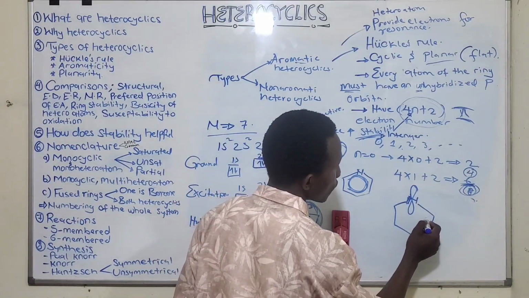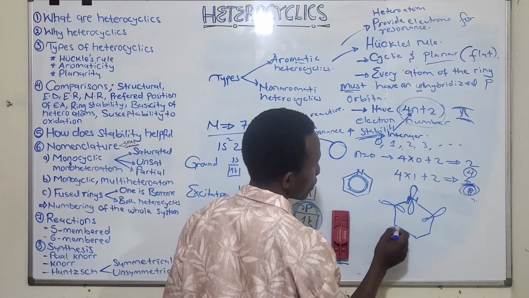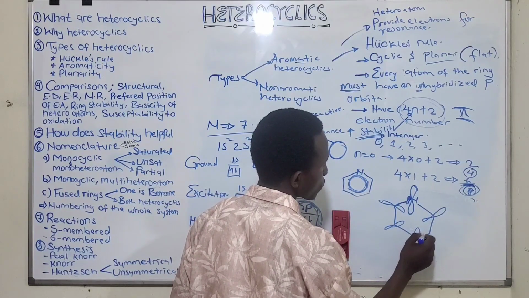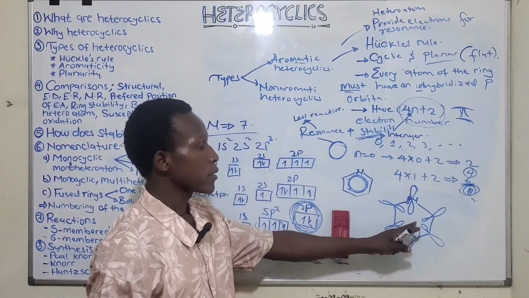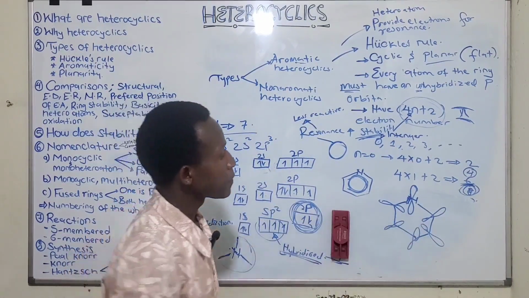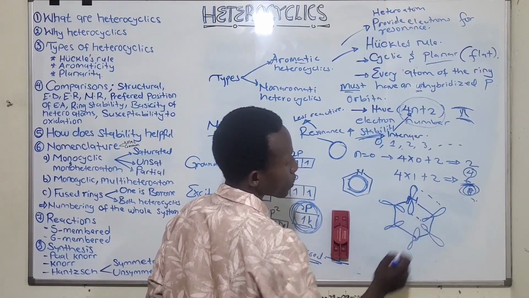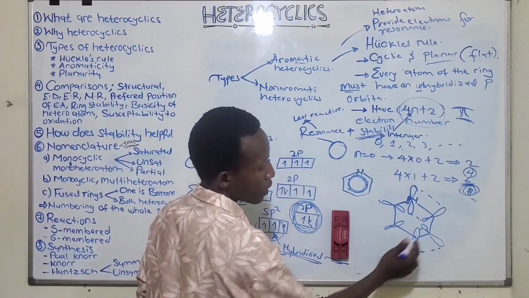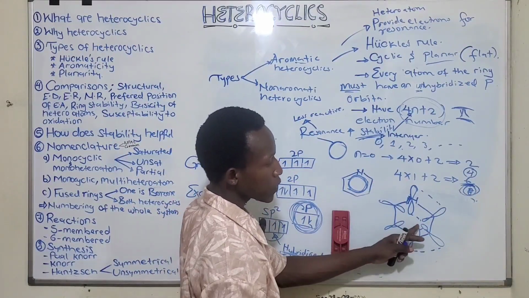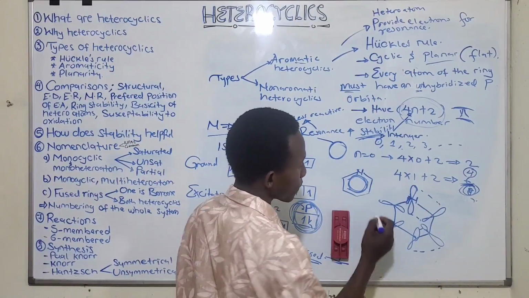And also this carbon has an unhybridized electron, and they all have an unhybridized p orbital, meaning that this electron can form a bond with this one and this one. Then this one forms with this one, like up and down. This is the other side of the plane. This is above the plane.